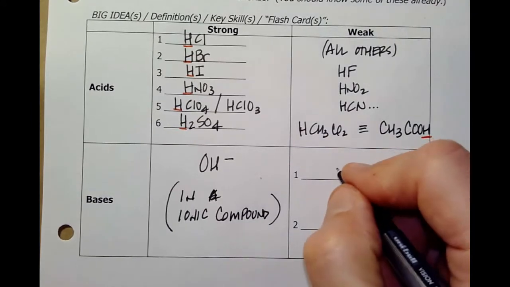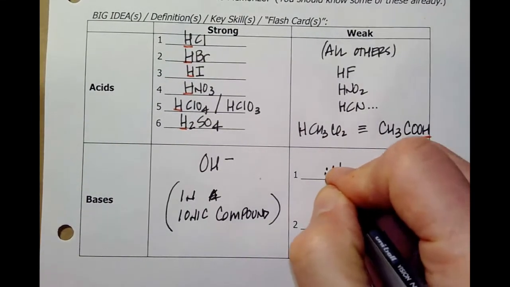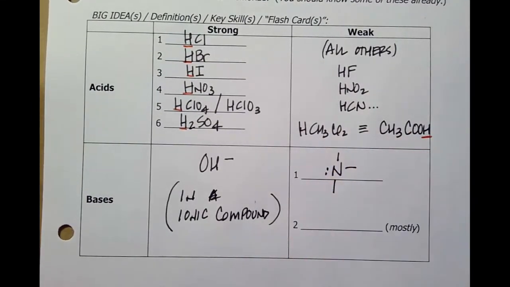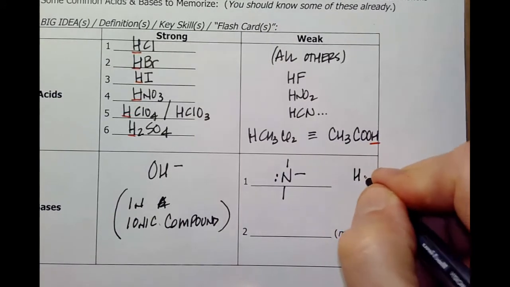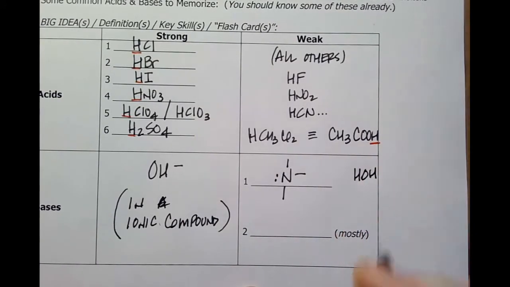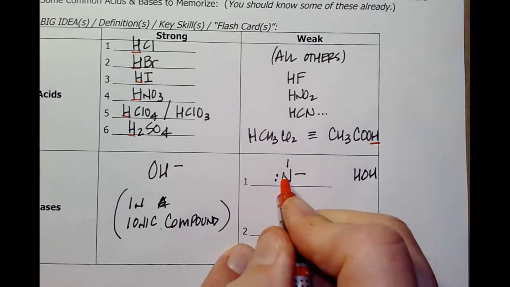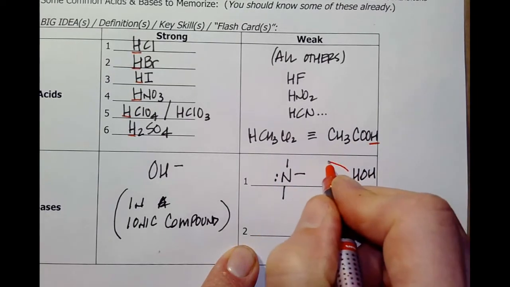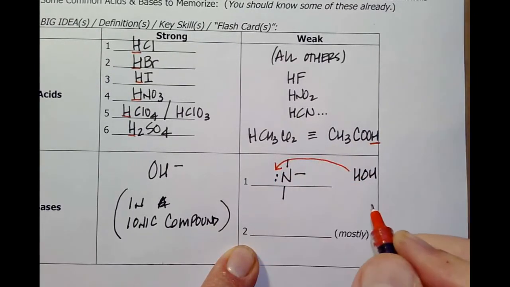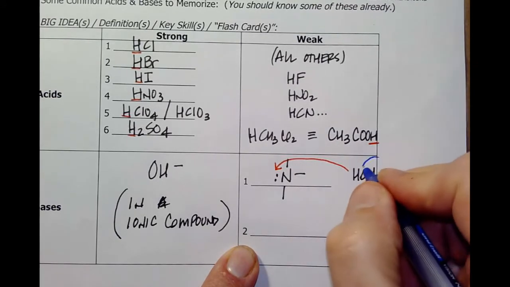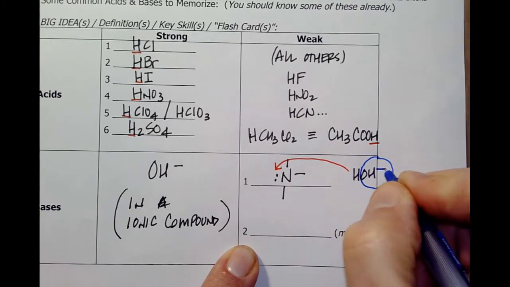Now, the weak bases do this a little bit differently. If I put a neutral nitrogen compound in water, if I write my water like this, those electrons sort of pull an H plus off. Well, when I pull the H plus off, I'm left with hydroxide.